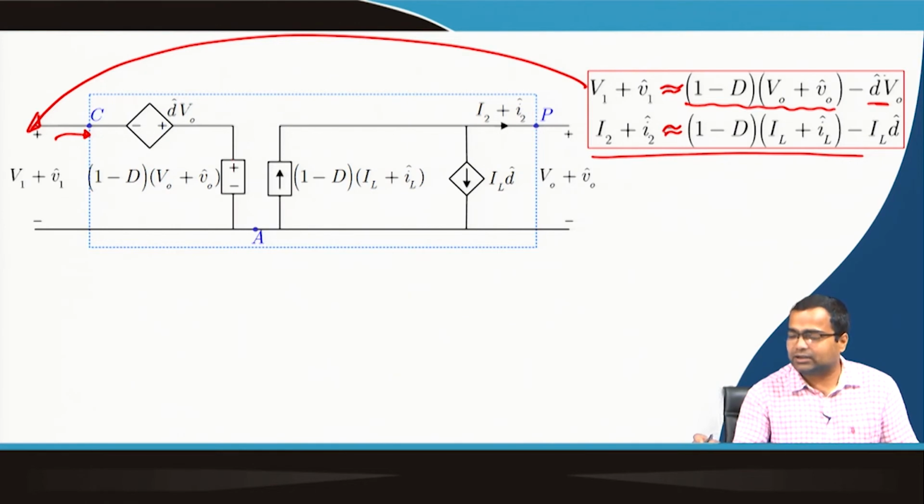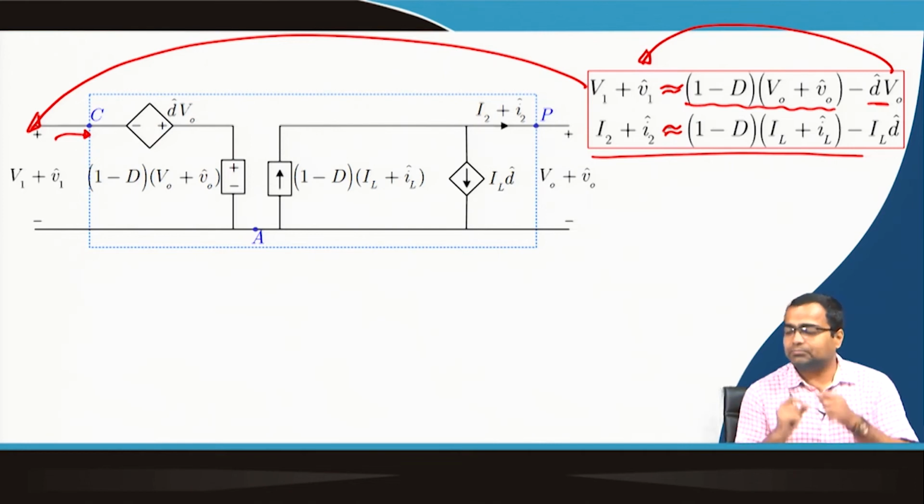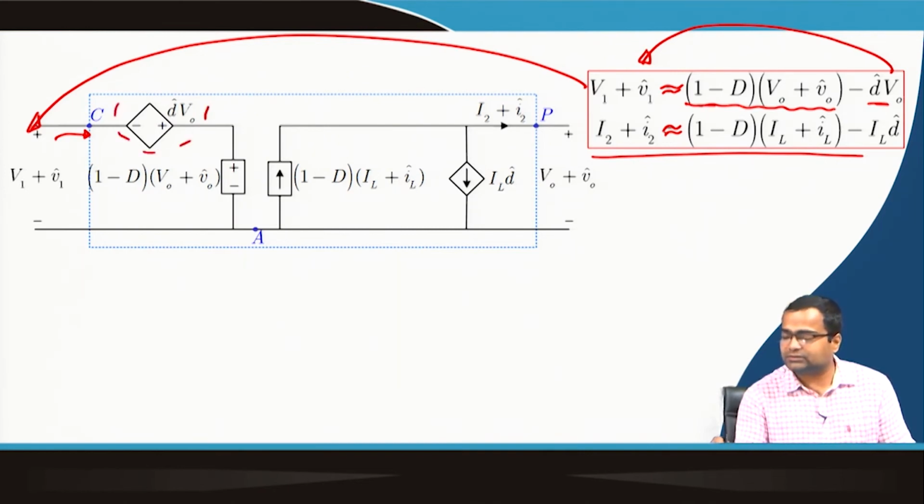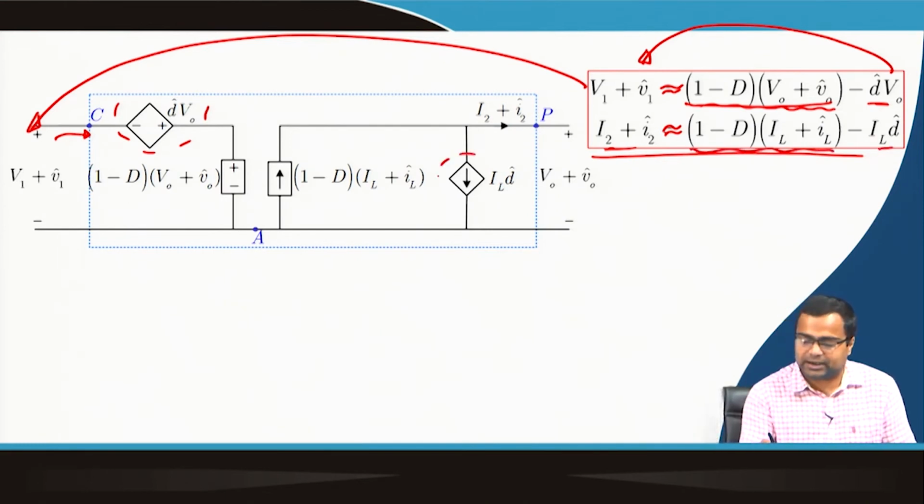If you take this term to this side, then V1 plus V1 hat whole thing plus d hat into V0 is equal to this term. Similarly, if you write the current, the output current consists of two parts, this part minus this part, and this is the minus part. That means the current is going in this direction. So, this current minus this current will be this current, right.